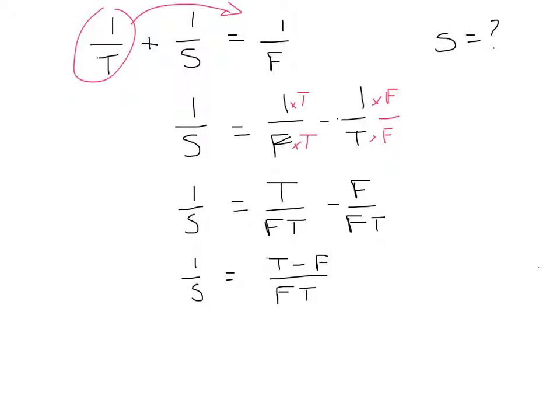Now this is where we get to the stage we've got fractions on both sides, so we can invert both sides, and that will give us s over 1, or s will be equal to ft over t take away f. Little trick in there, but that's the way that one's done.